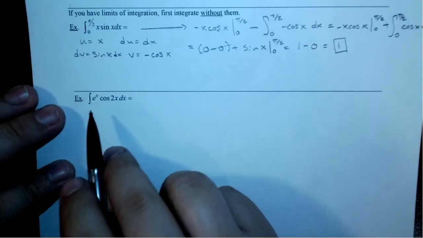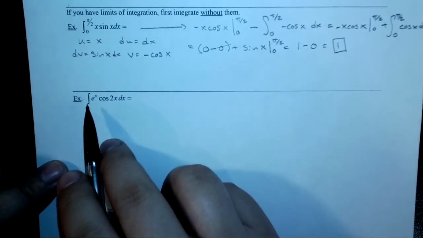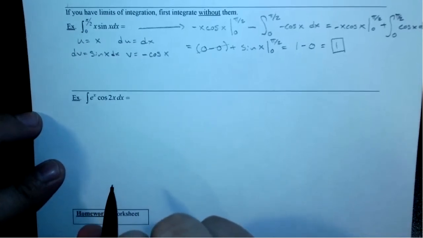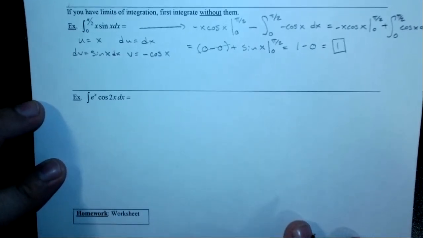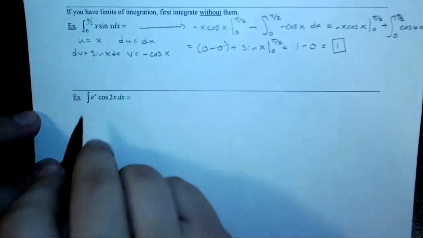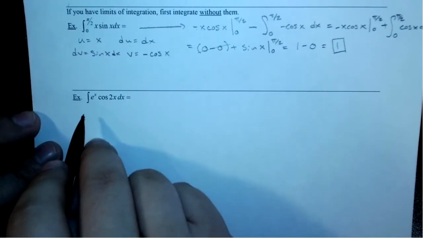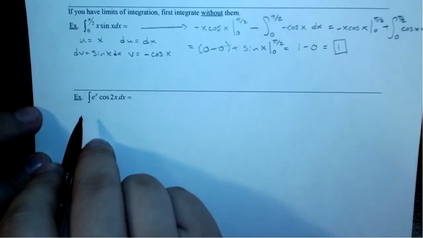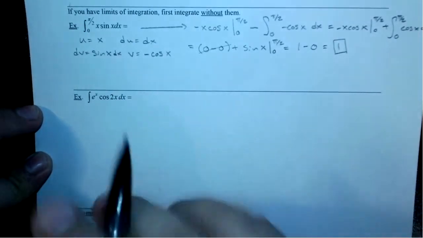We can't use the tabular method because you don't have a polynomial of any sort. So you just have to suck it up and use integration by parts as many times as you need to. So let's start with the first one. Actually, we have plenty of room over here to work with.